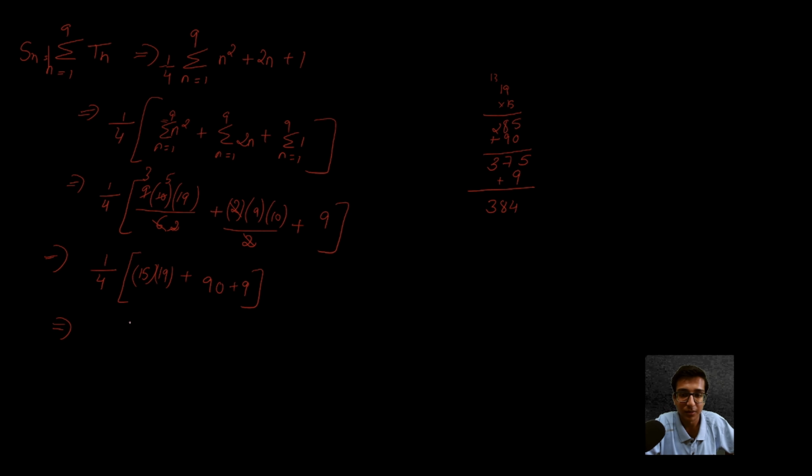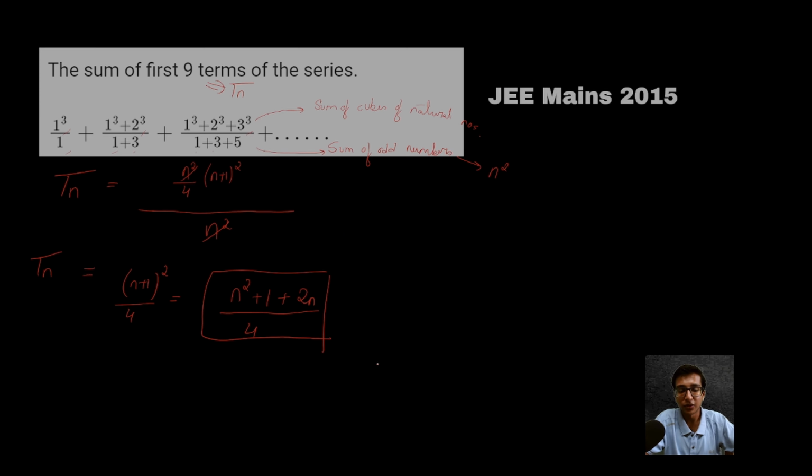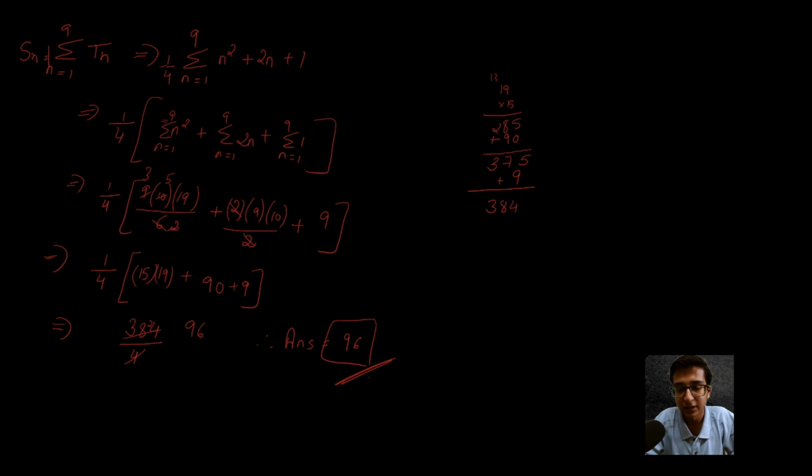Thus our answer comes out to be 384 by 4, where we can cancel further. 4 9s are 36, 4 6s are 24, therefore our answer comes out to be 96. The sum of 9 terms of this series is 96.